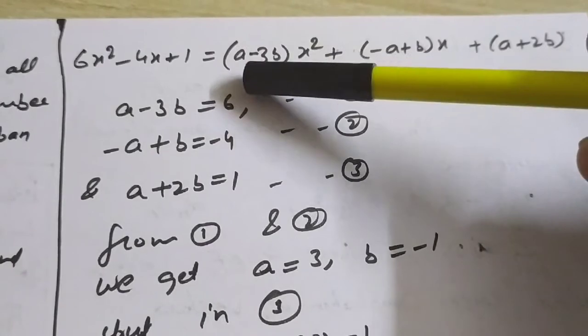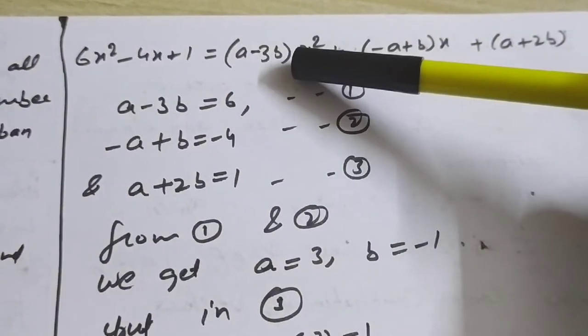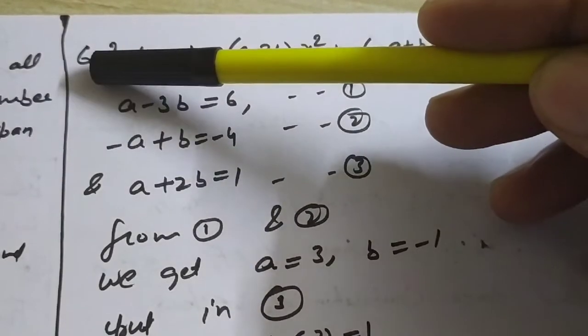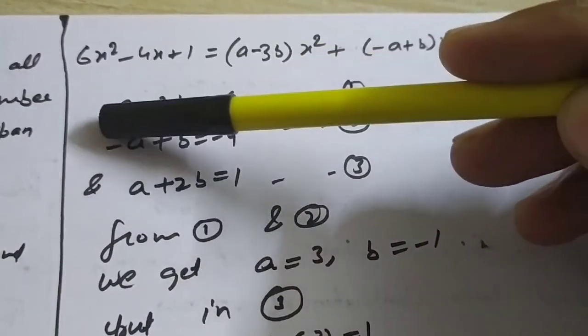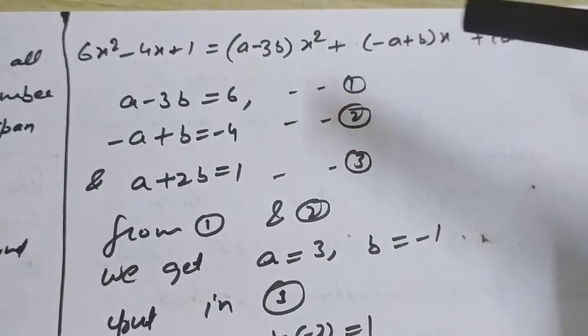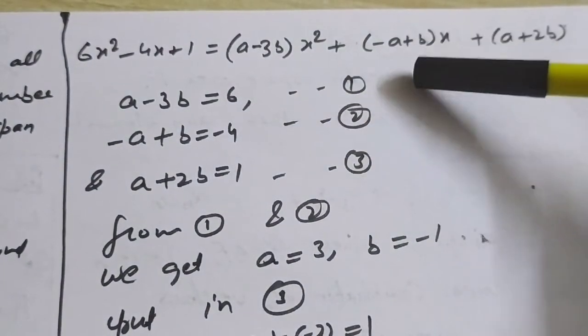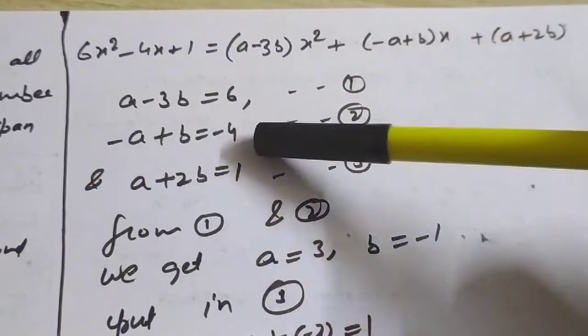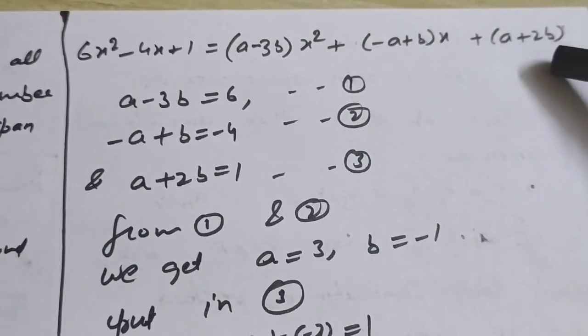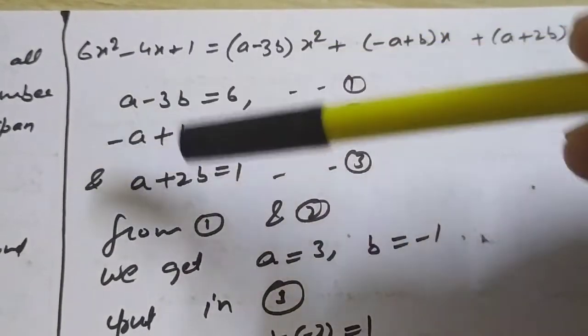The coefficient of x square is 3a minus 3b on the right hand side, and the coefficient of x square is 6 on the left hand side. So these two terms can be equated. Similarly, when you compare the coefficient of x, you will get minus a plus b is equal to minus 4. And the constant term is a plus 2b here, and on the other side the constant term is 1.